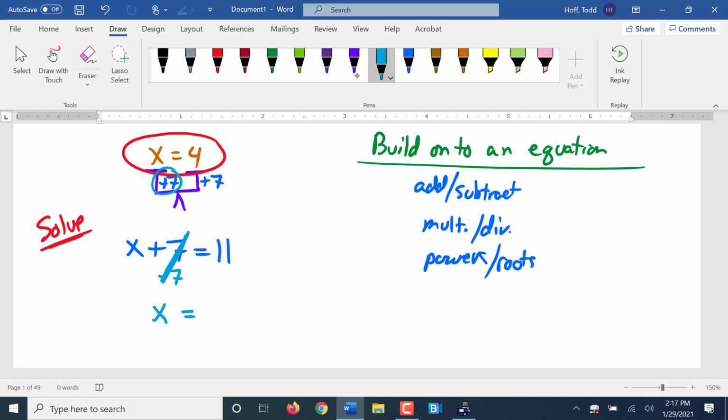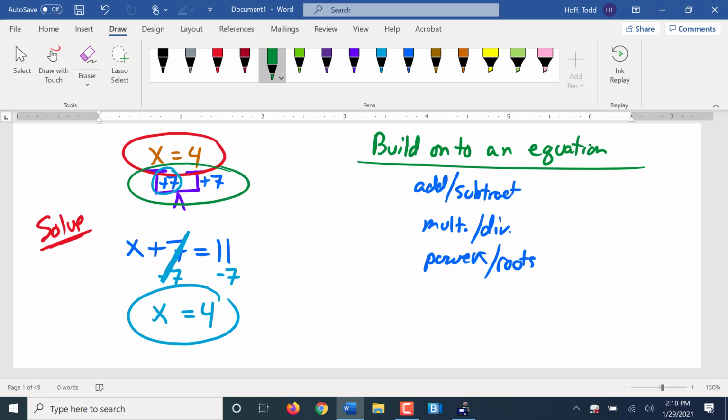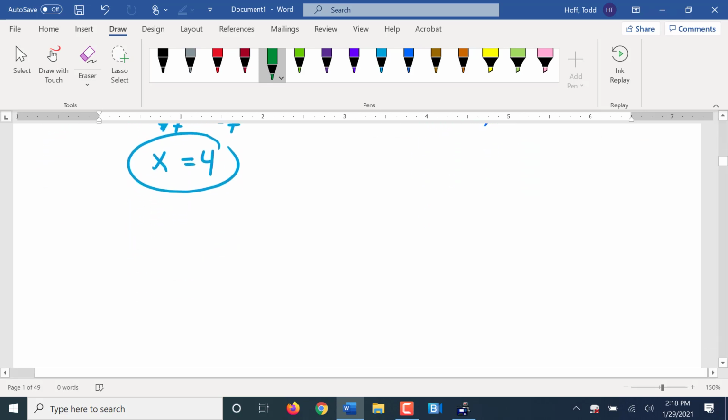Now, if we subtract 7 from one side, we have to do it to the other side to keep our scale balanced. 11 minus 7 is 4. And that was the key. We have to get the variable by itself on one side and see what number is on the other. Here we got x equals 4. We took that equation apart. Now here we built the equation, so we knew how to take it apart. The key is being able to look at an equation and tell how it was built.